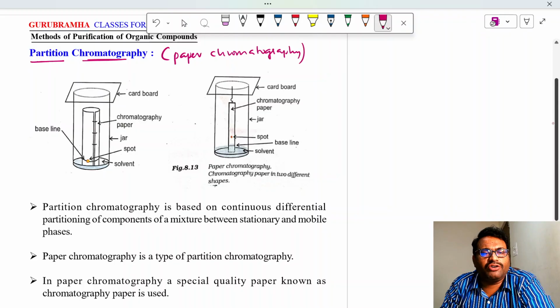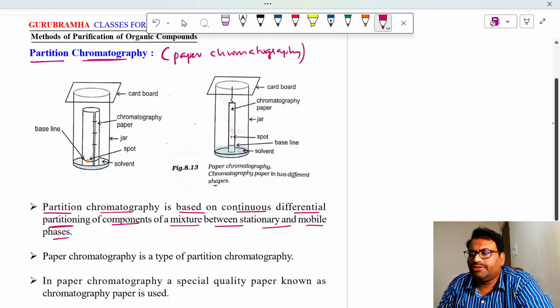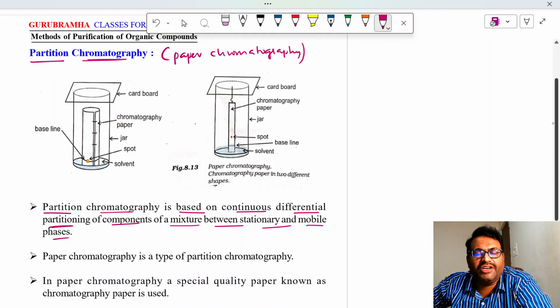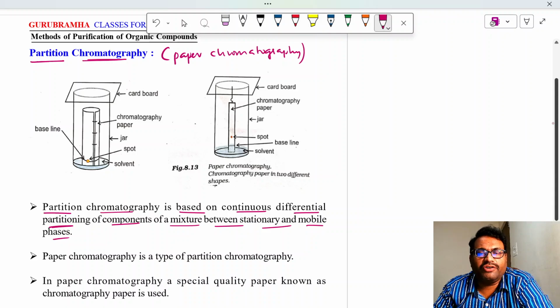Partition chromatography is based on the continuous differential partitioning of components of a mixture between stationary and mobile phases. The best example for this is paper chromatography. We have only paper chromatography in our syllabus.